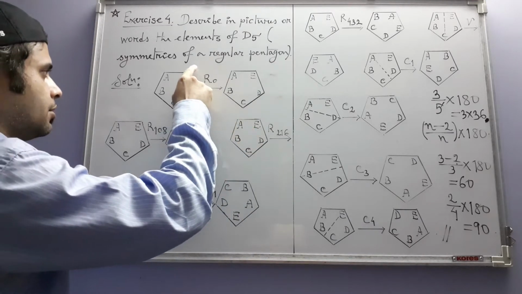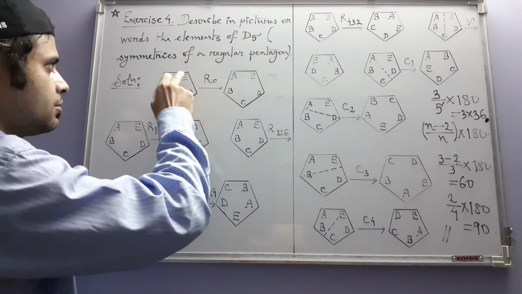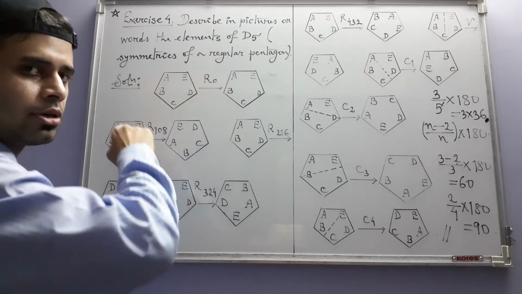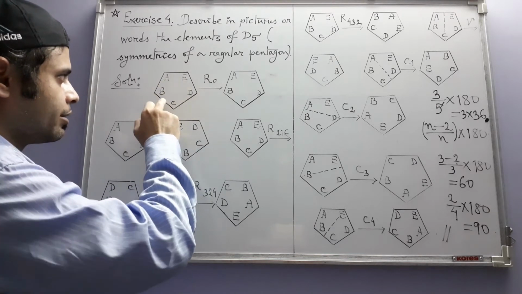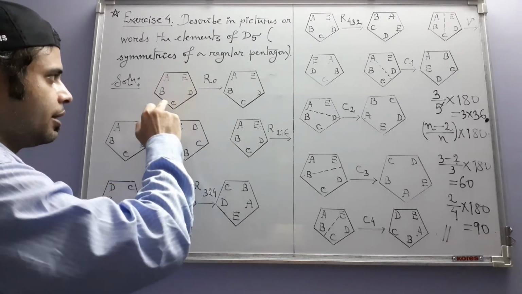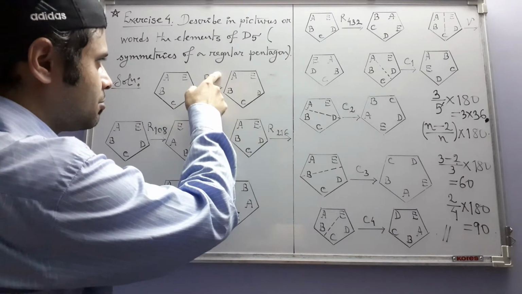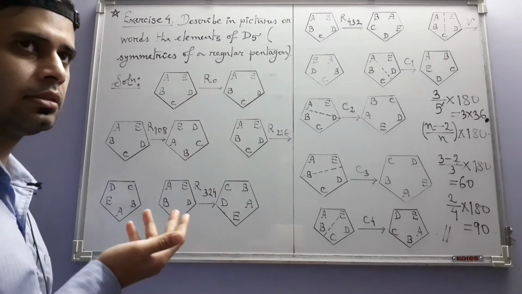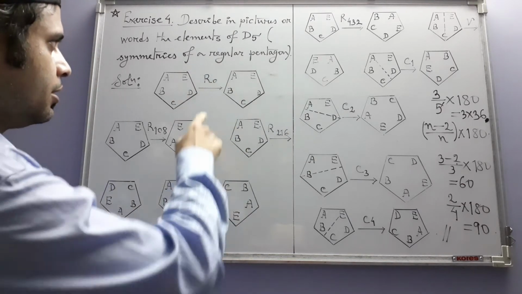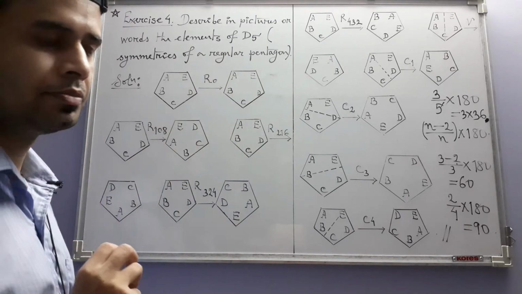What we have done is we have named the vertices in a counterclockwise sense, starting from this one and naming them alphabetically A, B, C, D and E. The first transformation you already know is R0, which is nothing, or it can be interpreted as rotation through an angle 0 degree.